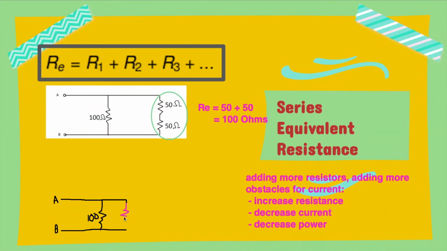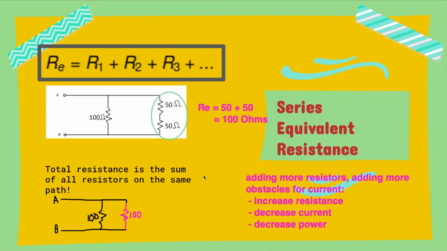The 50 and 50 together act like a 100 ohm resistor, so I could replace them in the circuit with one 100 ohm resistor. Their equivalent is 100, right? So along that path, we're getting the total resistance. Because those two share the same path, we would call this series, and we'd apply the series equivalent resistance rule.